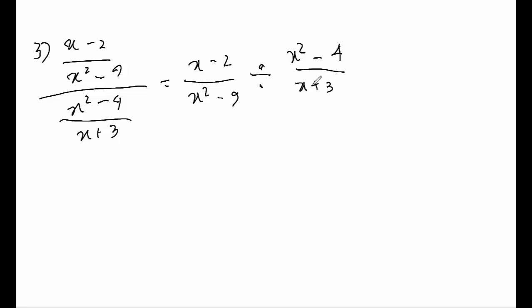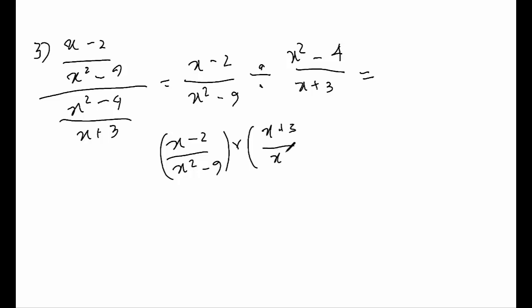And now we're going to change this problem into a multiplication problem. So we get x minus 2 over x squared minus 9 times, and I'll put brackets so everything's nice and tidy, times x plus 3 over x squared minus 4. So there I have that.